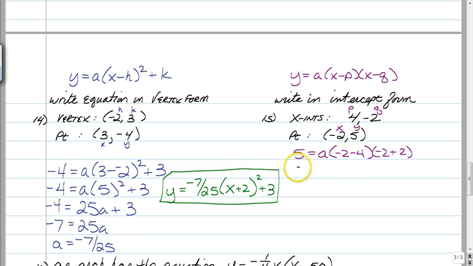So this is going to give us 5 is equal to a times negative 6 times 0. And that means that this goes away. So we actually have, in this case, a problem that does not work.